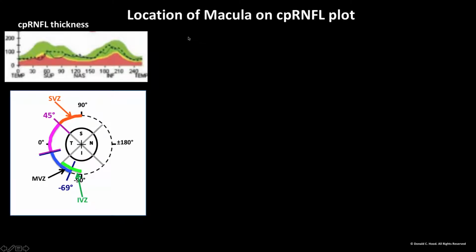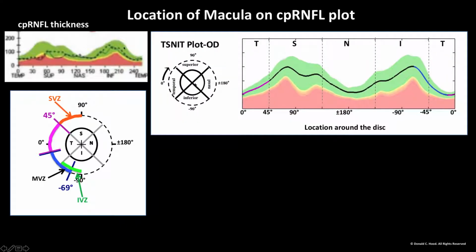So where do we look for the location of the macula on the circumpapillary retinal nerve fiber plot? Here is a circumpapillary thickness plot that you're used to. This is often called a T-SNIT plot because it's plotted the way the original scans were done, starting here in the center of the temporal and then going counterclockwise: temporal, superior, nasal, inferior, temporal.